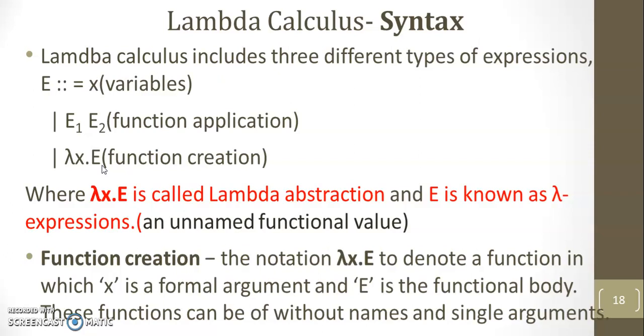So function creation will be in the form of lambda x dot e. x will be considered the formal argument, and e will be the functional body. x is the formal argument following the notation lambda, and e is the functional body. It will not have any names and can have arguments.